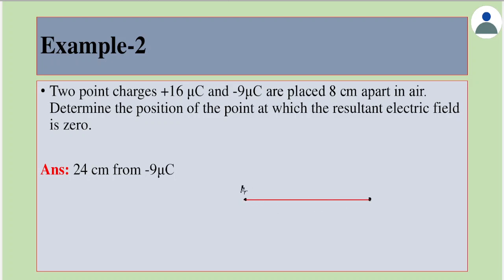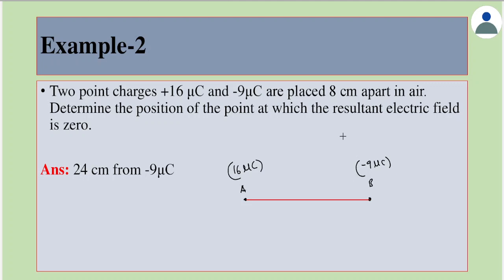We will call the points A and B. Let at point A the charge of plus 16 microcoulomb be placed, and let at point B the charge minus 9 microcoulomb be placed. The question says find the position of the point at which the resultant electric field is 0.